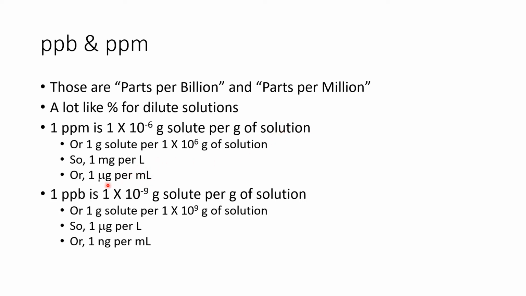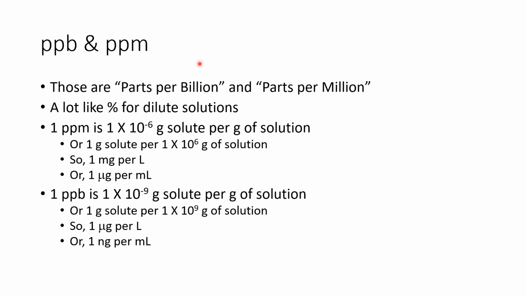So 1 microgram per milliliter is the same thing as a ppm. Now, a ppb, parts per billion, is just going billions instead. So 1 billionth of a gram per gram, or 1 gram per billion grams. Microgram per liter, or a nanogram per milliliter.